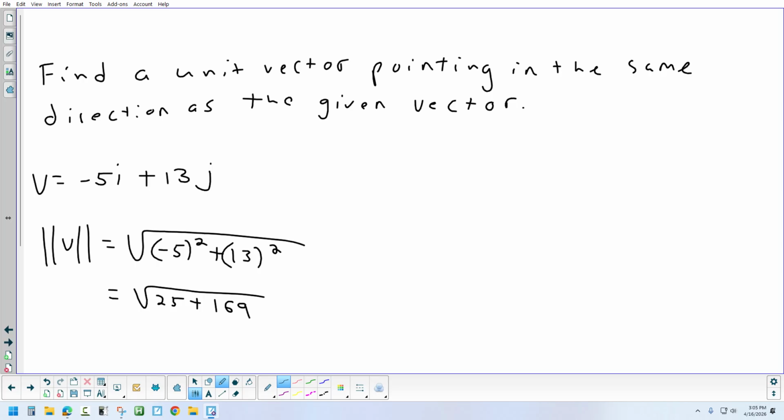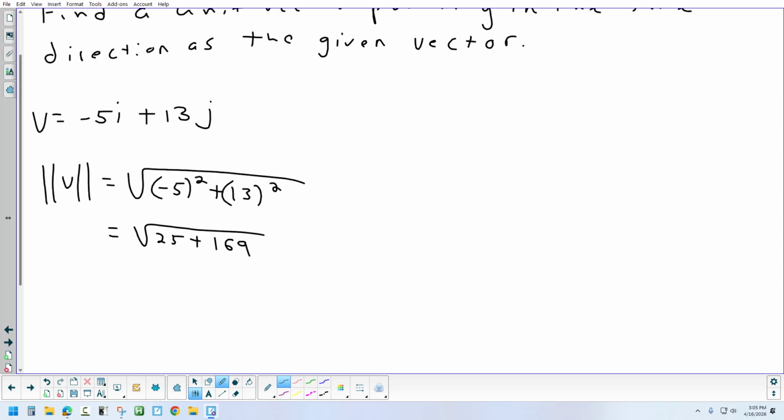Yep, and 69. Okay. So add them up, and what's 25 plus 169 give us? 194. So right now, our vector has a length of the square root of 194, which definitely is not 1.